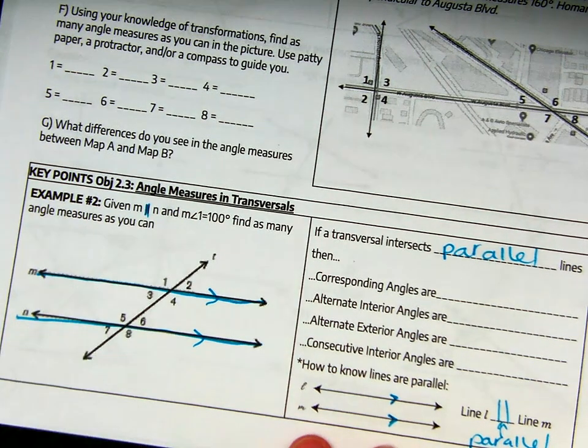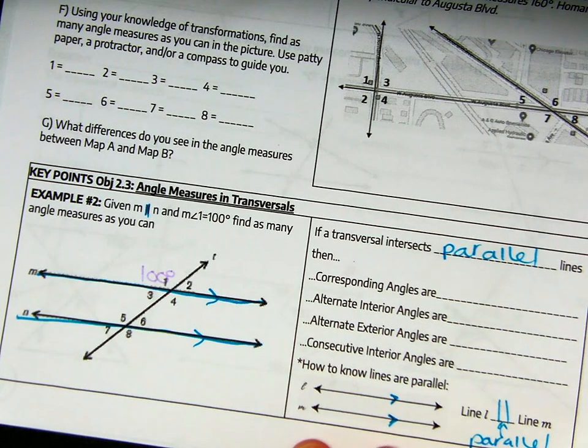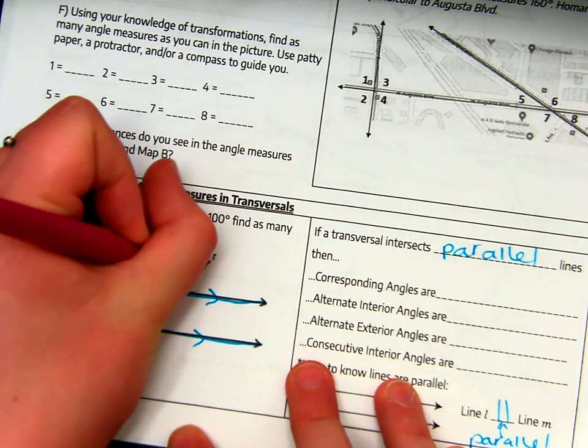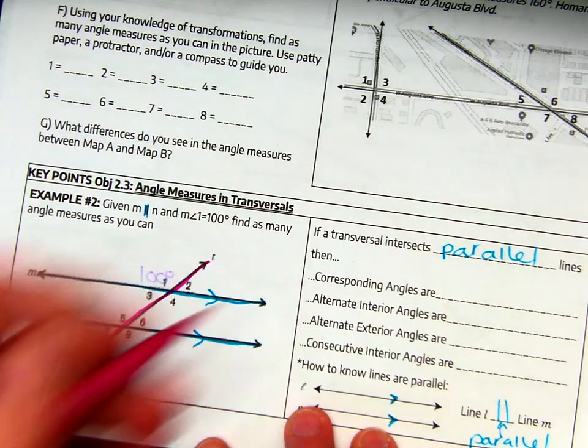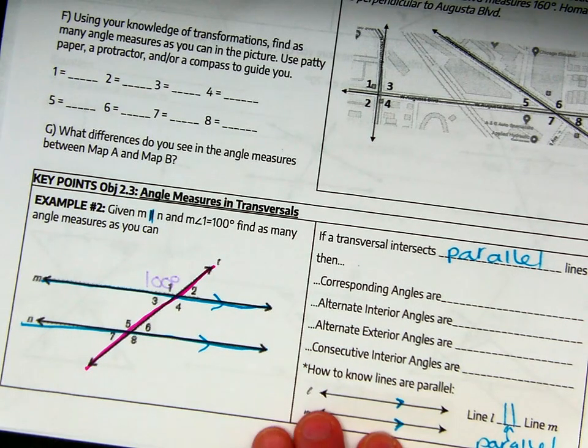Okay. We're also told the measure of angle 1 is 100 degrees. We're told to find as many angle measures as you can. Okay, so we just go off what I know before we talk about these key points. So I'm noticing the transversal. Let me just use what I know from the past.